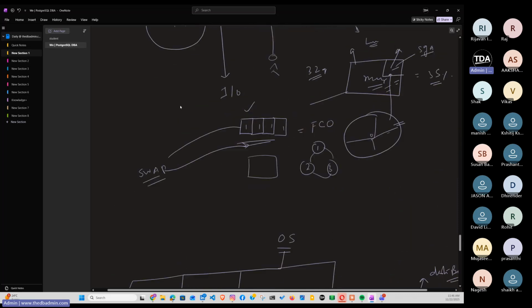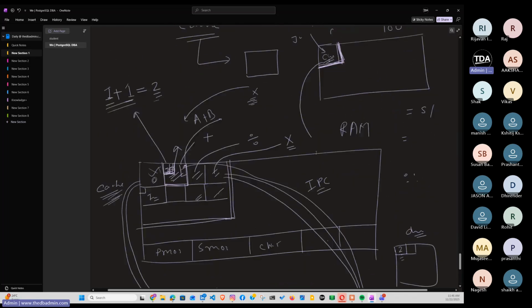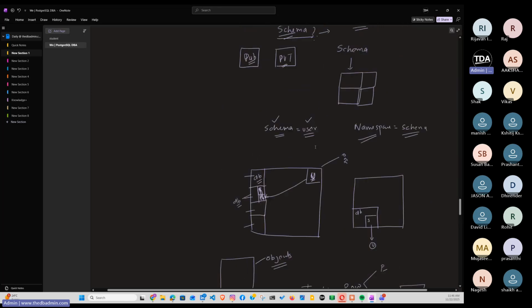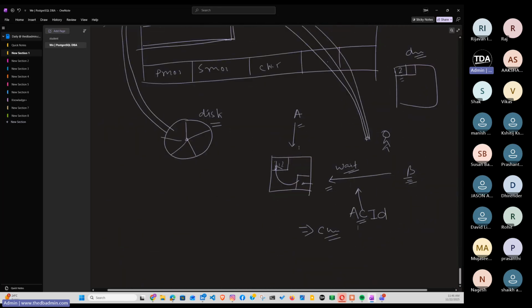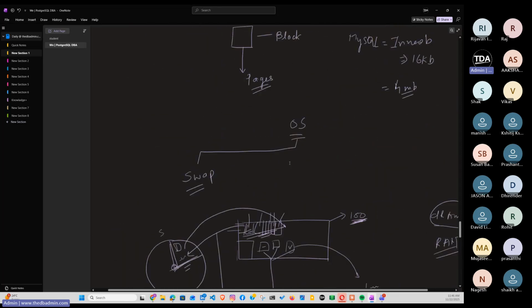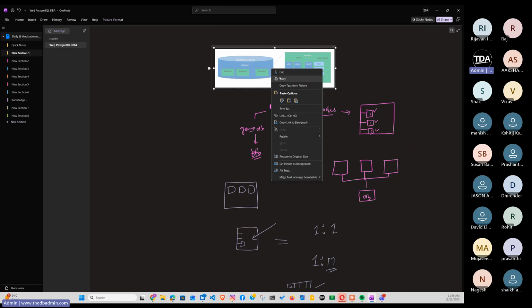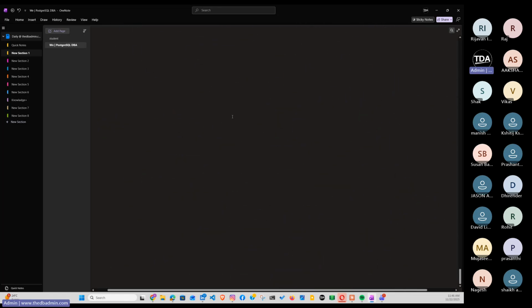Is this clear so far? Just basics. I don't want you to understand it in depth, but at least the basics should be clear before we start the database architecture. Everyone? If you're not clear, you can raise your hand. We can talk about all these things again, but when we start our actual database concepts, all these things will be called again and again.